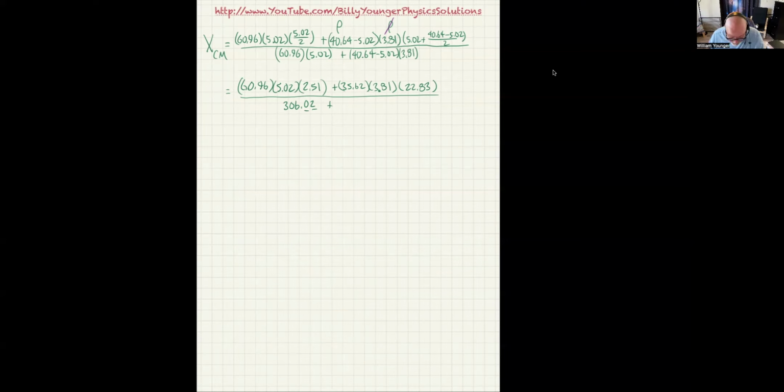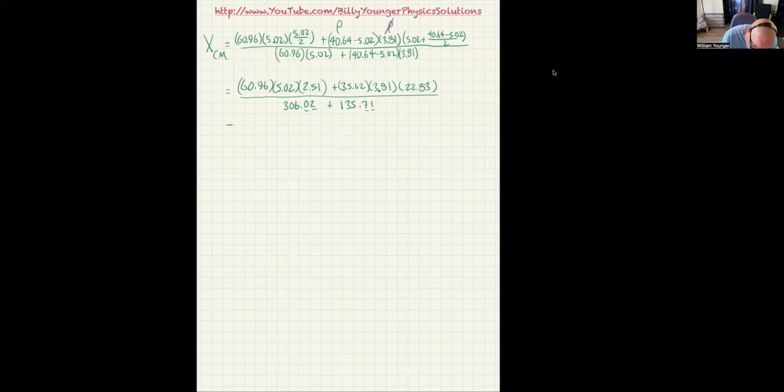I'll tell you again, that's 35.62. The 35.62 is going to be multiplied by 3.81. That's 3 sig figs times 4 sig figs. That gives me 135.71. And that's basically the simple arithmetic part of X center of mass.